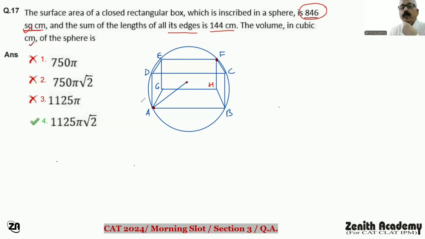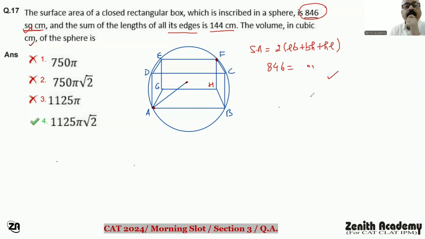So you should have learned the surface area formula of a rectangular box. If length is L, breadth B, height H, surface area is twice (LB plus BH plus HL). This is given 846.